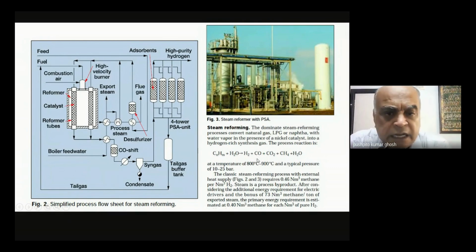Now, there is no question that this is wonderful, the best way of making hydrogen. Only thing is that don't forget that these are all fossil fuels. Whether it is natural gas or crude oil, this is all fossil fuel. And the world is running out of fossil fuel, the world is running out of natural gas.